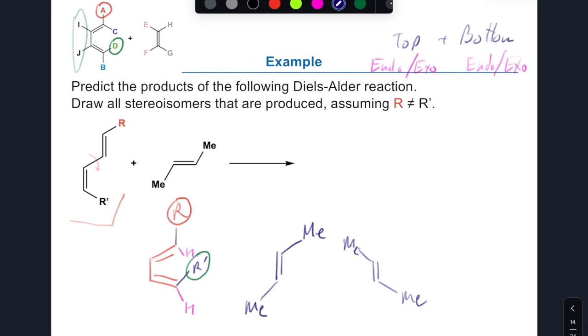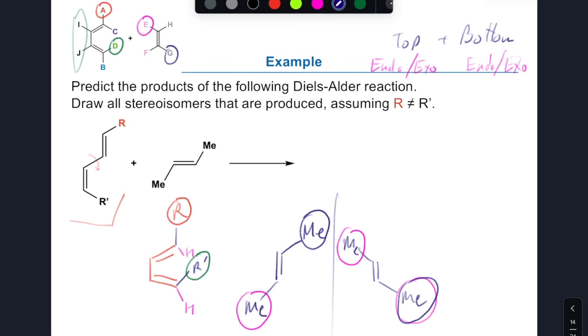So what that really corresponds to is the bottom methyl being here and the top methyl being here. That's one geometry. Or I could look at this methyl being in position E and this methyl, at least the blue, this methyl here in position G, right? So those are the two possible different geometries I could have for my dienophile.